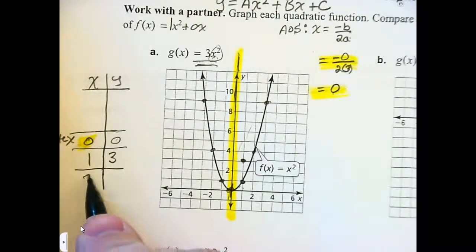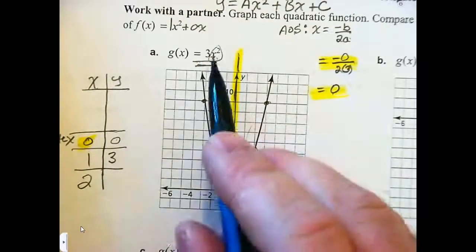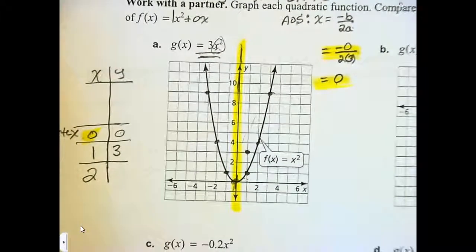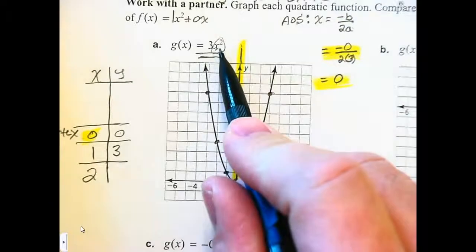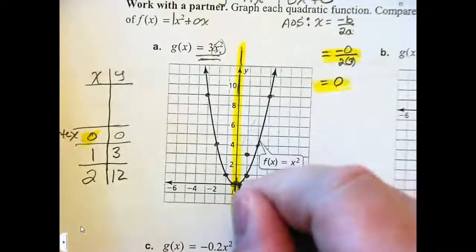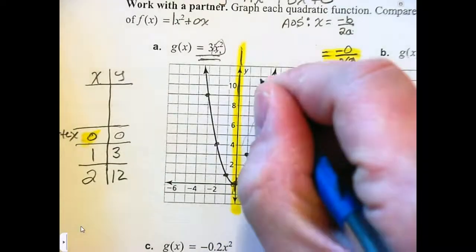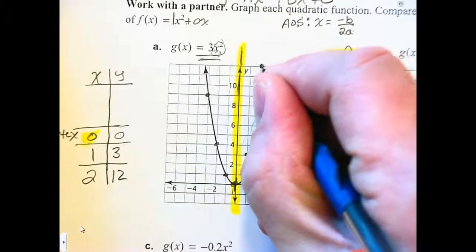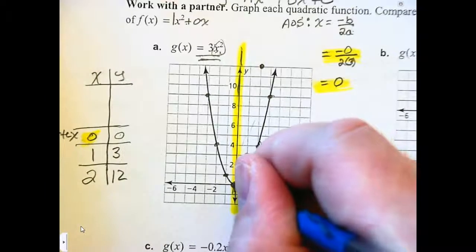If I put 2 in, I get 2 squared, times 3, which is 12. That is now way up there. So I have half of my parabola.